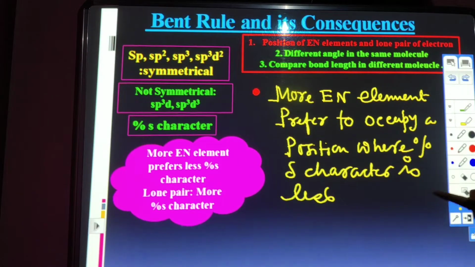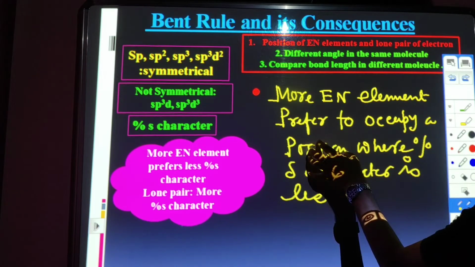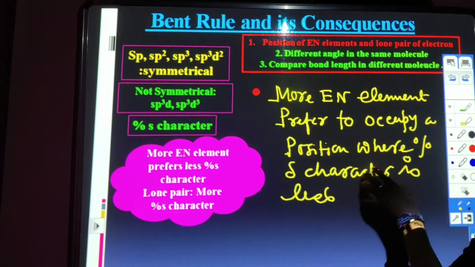What it says? The more electronegative element prefers to occupy positions where percentage of s character is less.